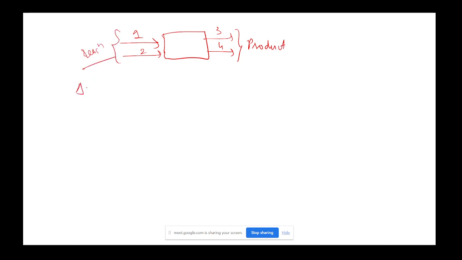So how will you write the heat of reaction? It is delta H reaction, the standard heat of reaction, plus the product terms. For 1 mole of each, these are the number of moles associated: N1, N3, N4.